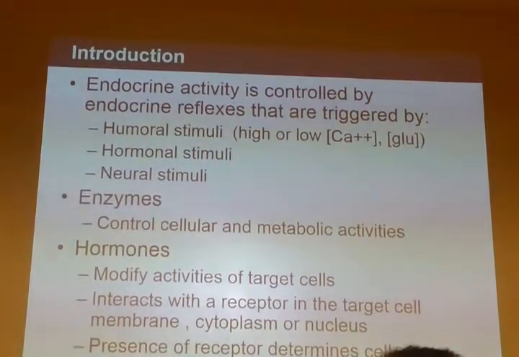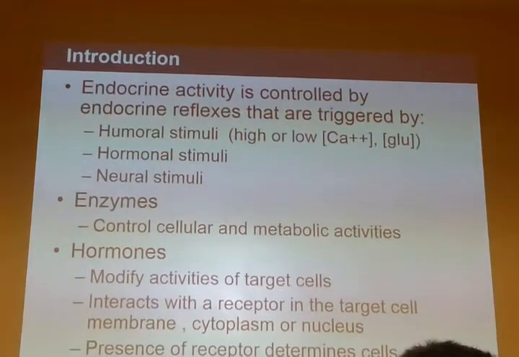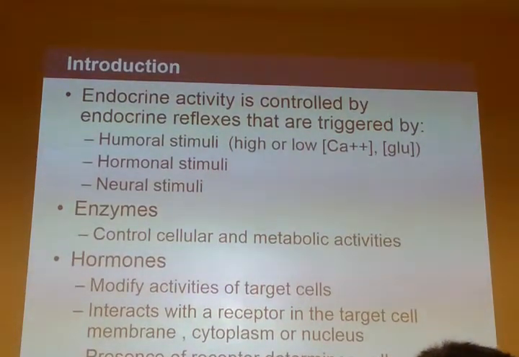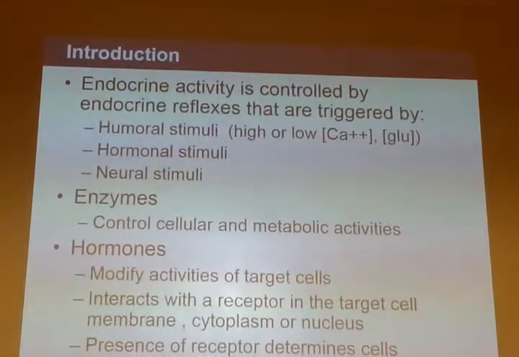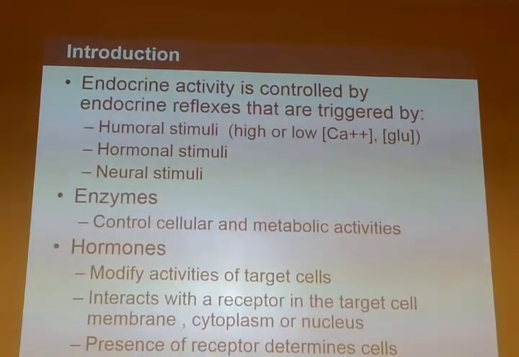So where the receptor is will determine the speed of the response. If there's no receptor, the cell won't respond. If the cell is overstimulated, it may pull receptors out of the membrane. If it's understimulated, put more receptors up there, so it will get more binding of the hormone.